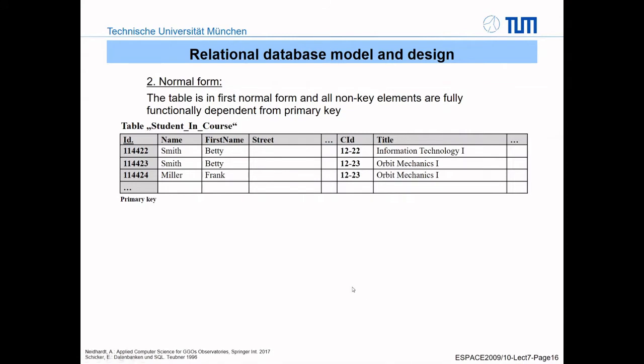So in this case, the title of a course is not completely dependent on the original search key. You have here the course title and the course ID. So there is a functional dependency between the course ID and the title, but there is no functional dependency between the name of a student and the title of a course. The blue arrows show you functional dependencies. The red arrow shows you where you don't have this functional dependency.